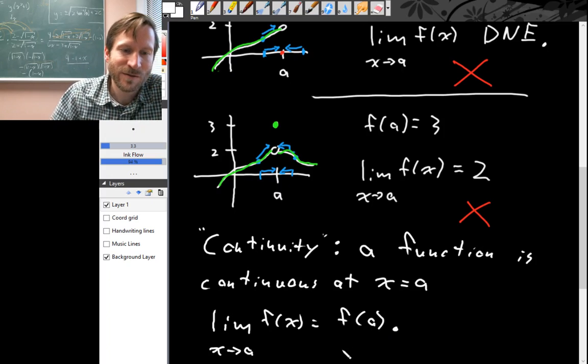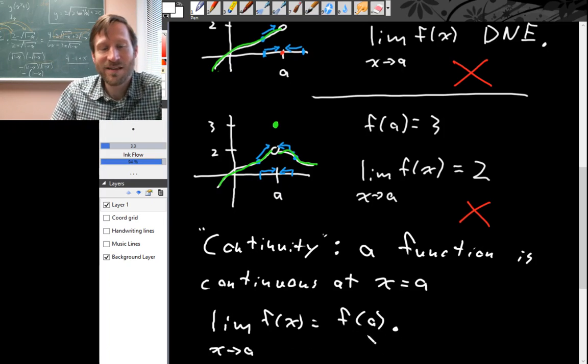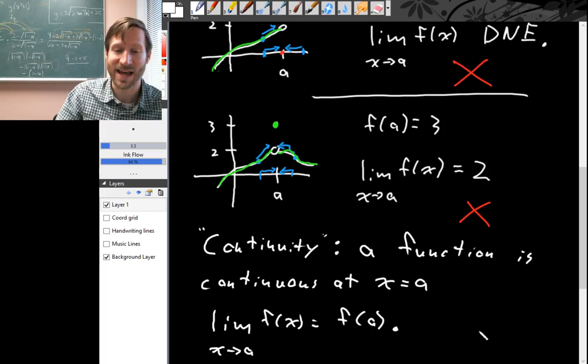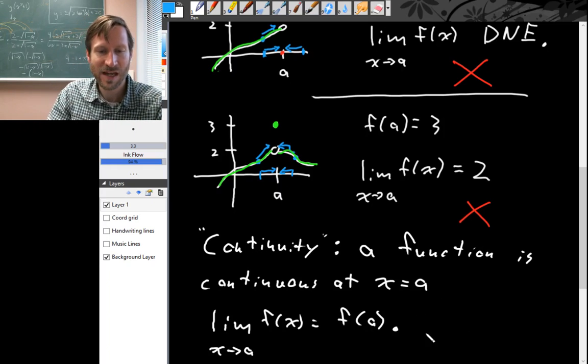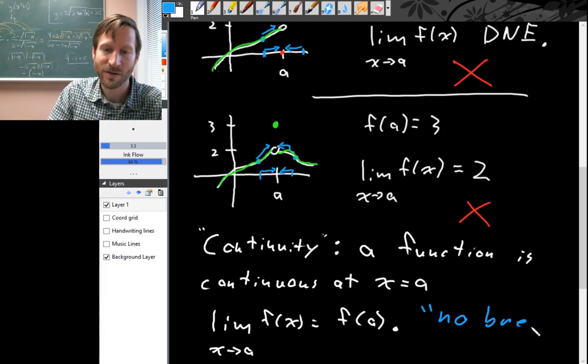So if what happens near a is the same as what happens at a, we say that the function is continuous at a. And the key idea with continuity is that continuity just means no breaks in the graph.